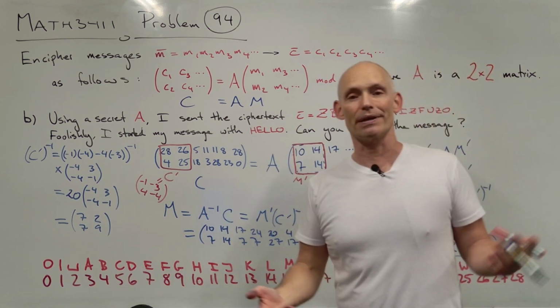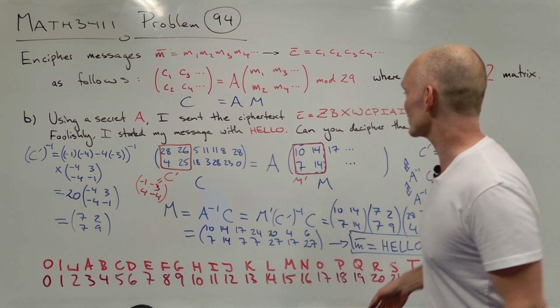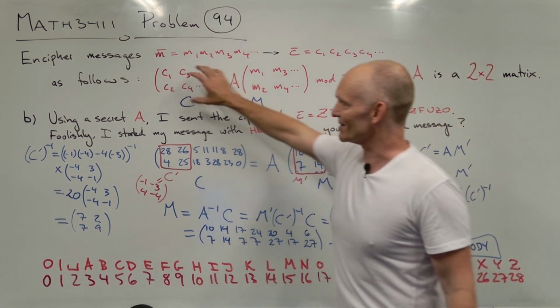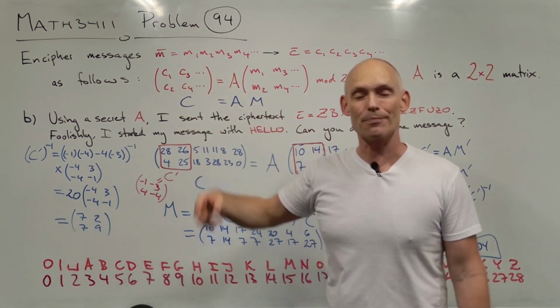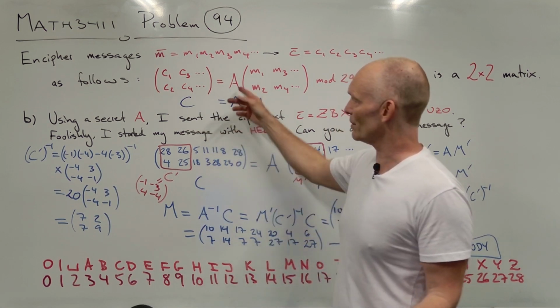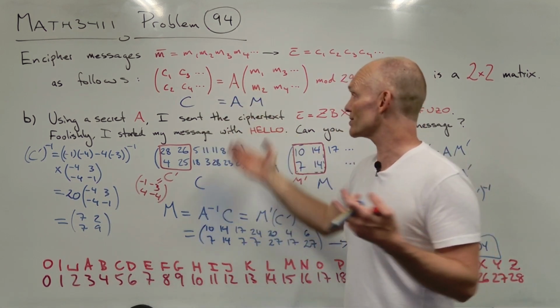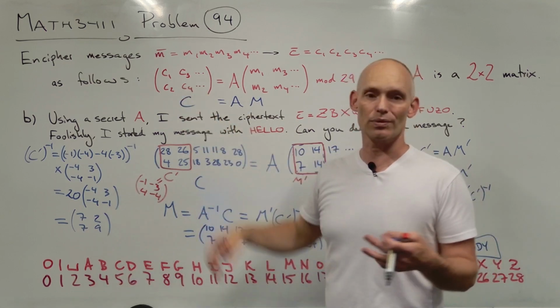And I suppose that really depends on how long the message is. If the message is just 4 letters, or even 2 letters, say, then, well, you might find very many different matrices A for which the ciphertext would give something meaningful.